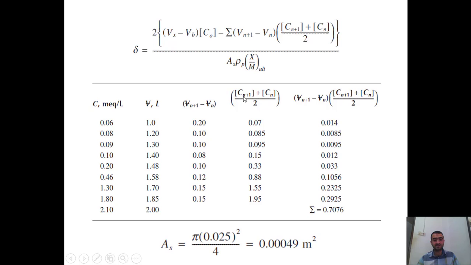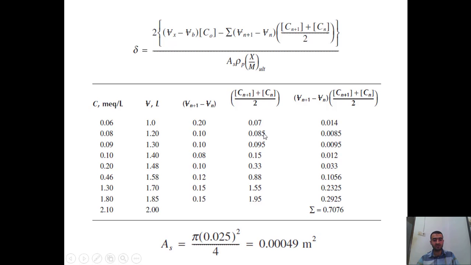The second part is (C(n+1) plus C(n)) over 2. C(n+1) is the second concentration, compared to the first concentration, which is C(n). So this part is 0.8 plus 0.6 over 2, which is 0.7.